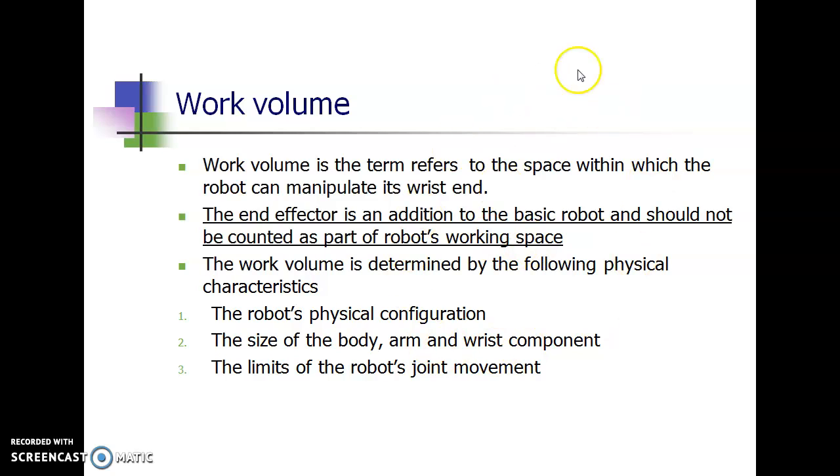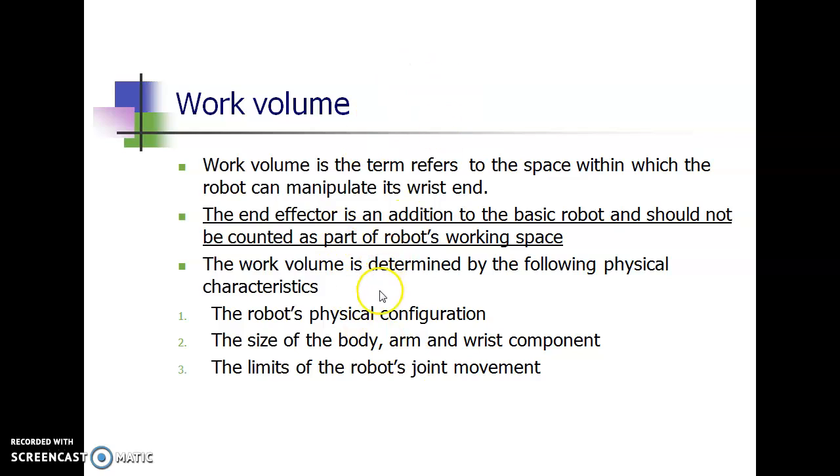The work volume is decided by what type of robot it is, the robot's configuration. Next is the size of the body, arm and wrist components. And third is the limits of the robot's joint movement, because the moving element is only the joint, so the joint is going to decide the work volume.